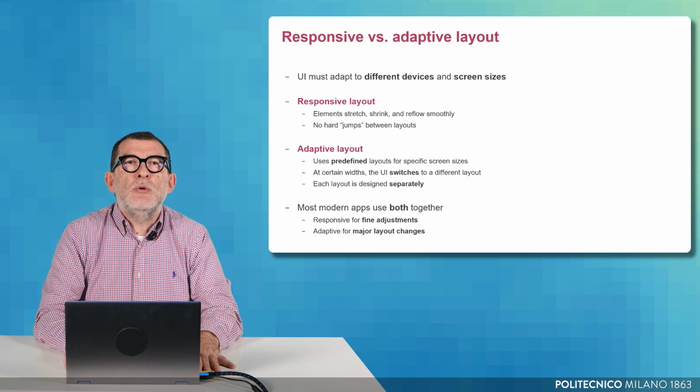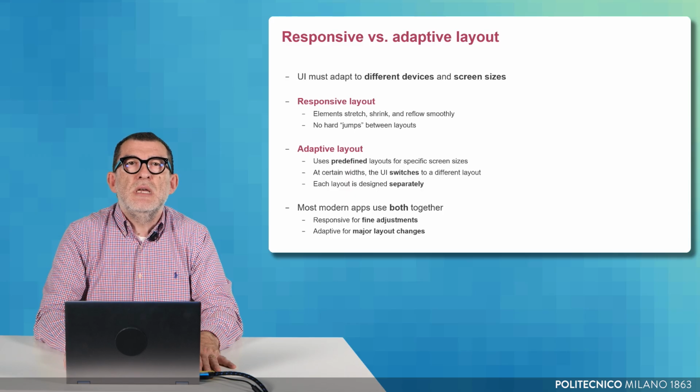In this case, we use different predefined layouts for different classes of devices. For example, on larger screens, we might use multiple columns, while on smaller screens, we may switch to a single column layout.